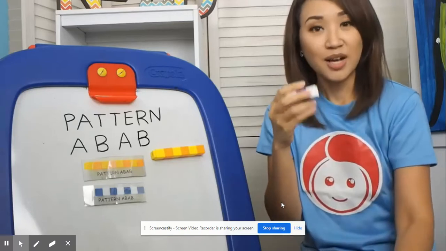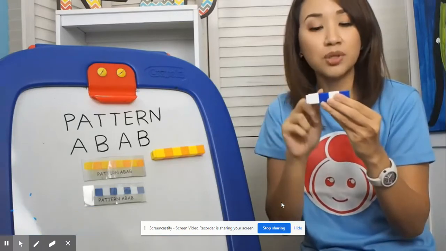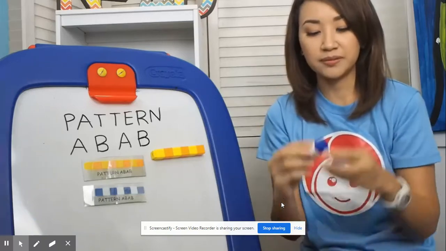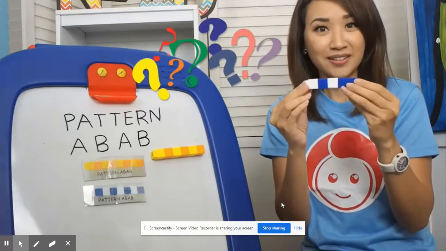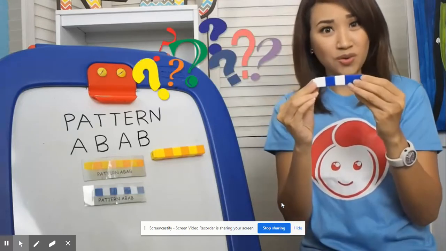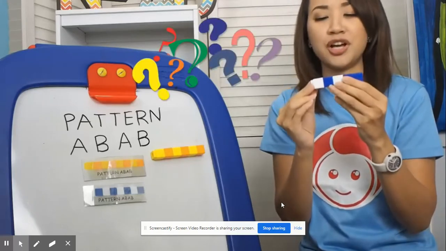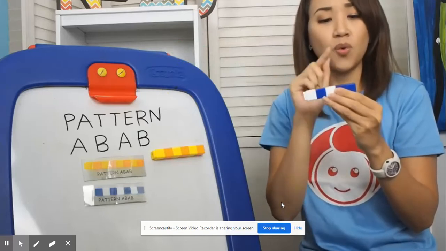Okay, let's check. White, blue. What's after blue? Is this correct? No. White. I will check. Teacher will check. White, blue.